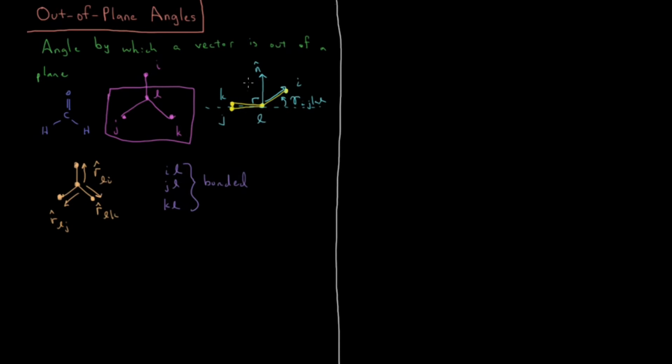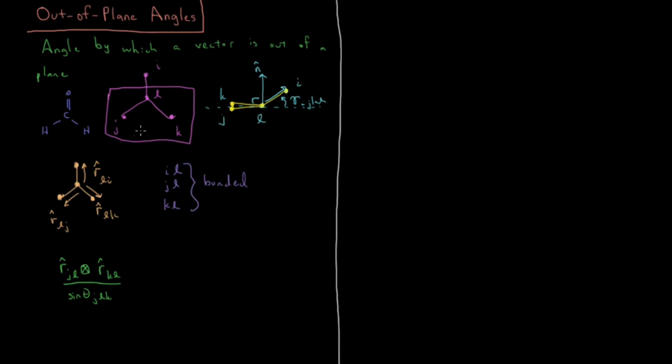Then we can define mathematically the unit vector that is normal to plane JLK. We're going to have the unit vector r hat JL, cross product with unit vector r hat KL, divided by sine theta JLK.